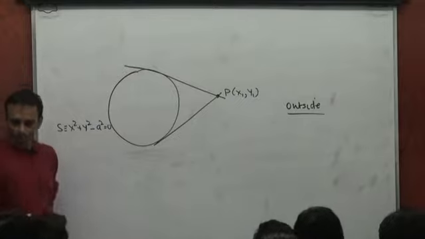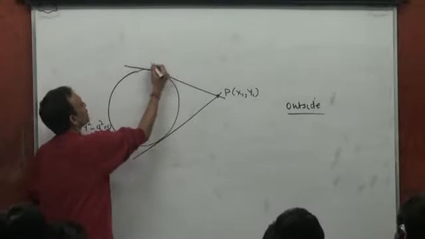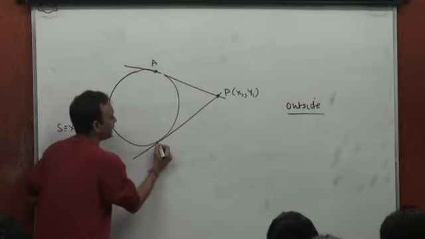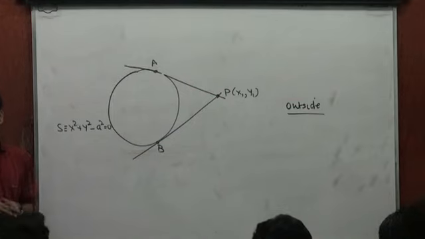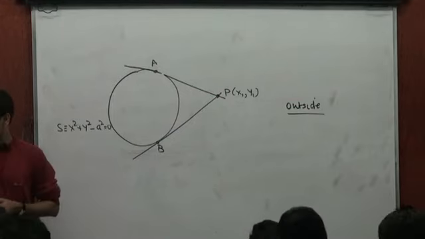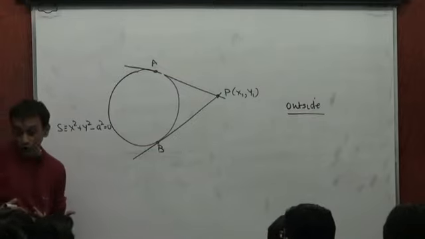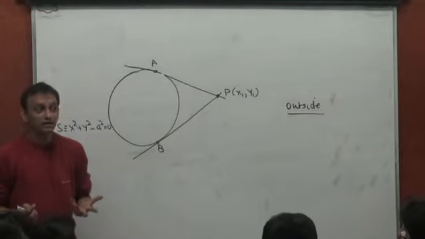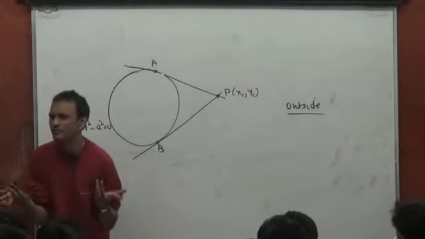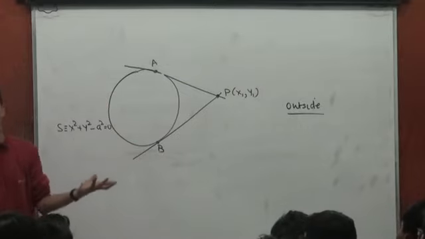Clear? These are the 2 points of contact, A and B. Do you know the coordinates of A and B? No, obviously you don't. But you can pretend that you know, so let's pretend that we know A and B.